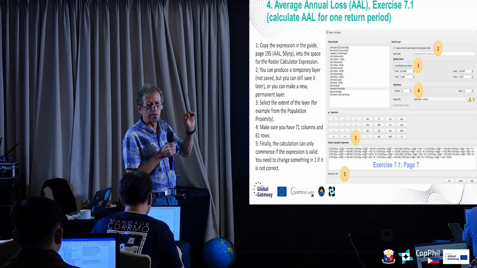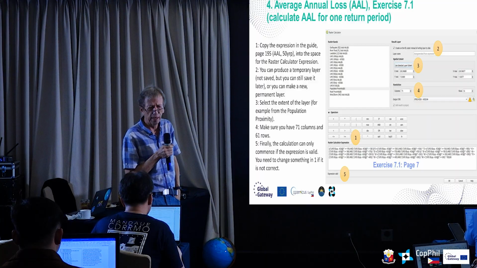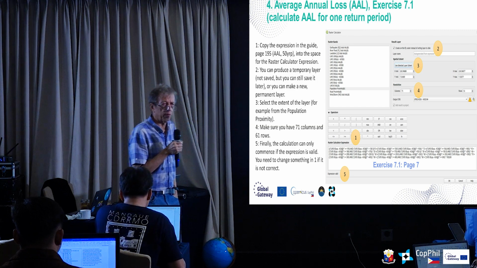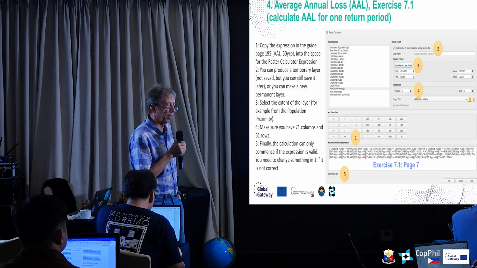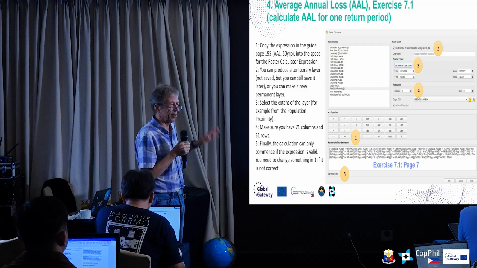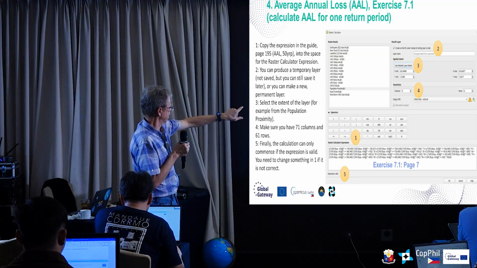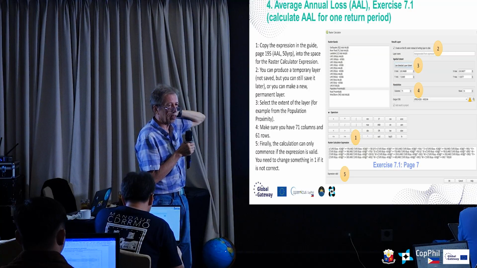Okay? And then what I would suggest as a normal routine is to first work with temporary layers, because chances are that the result is not what you want. Then you don't have it already saved. And then when you are satisfied with the result, then save it. So tick where it says number 2, that you create a temporary layer.